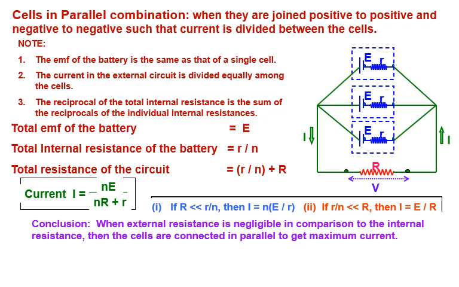Or in some other numerical problems, there may be a combination of cells, as we have done with resistances: there may be two cells in series, and then that series combination may be connected to a combination of cells in parallel, and you have to solve that. Means in a numerical problem, there may be a combination of cells in series as well as in parallel. So just by following the rules you have studied here, you can solve the numerical problem given in your book.